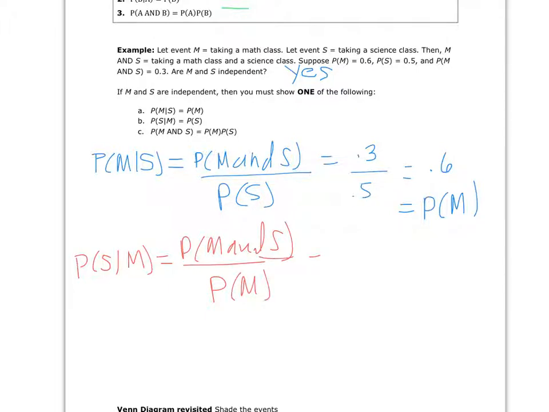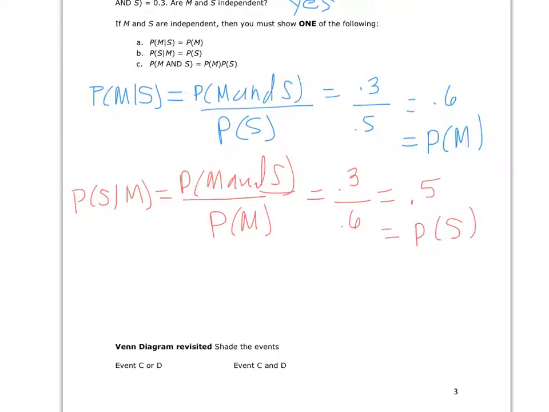That equals 0.3 over the probability of M, which is 0.6. And that gives us the probability of S given M, taking a science class given taking a math class, equals 0.5, which is equal to the probability of S. So that also confirms that we have independent events.